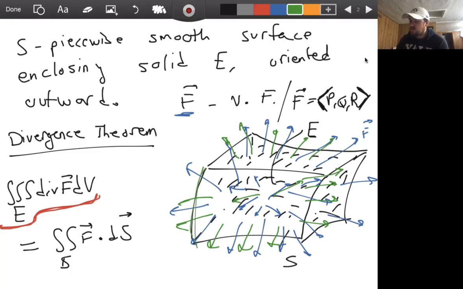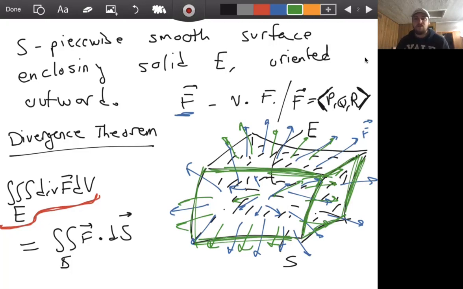And if this surface is the boundary of a solid, it makes sense that calculating the flux is the same as the solid on the inside, the vector field's tendency to flow out, right?